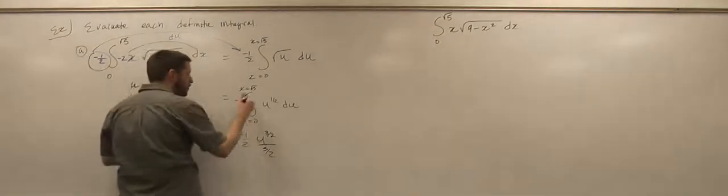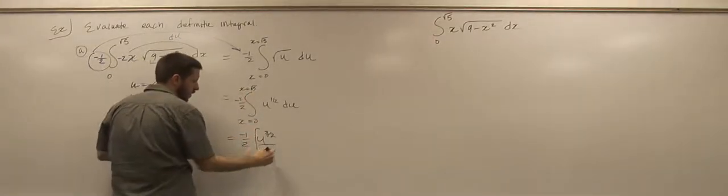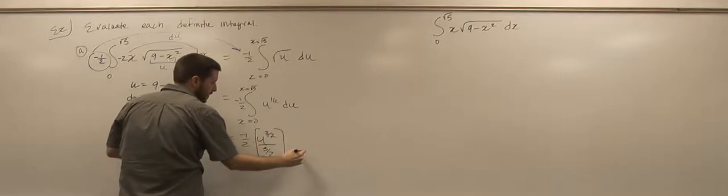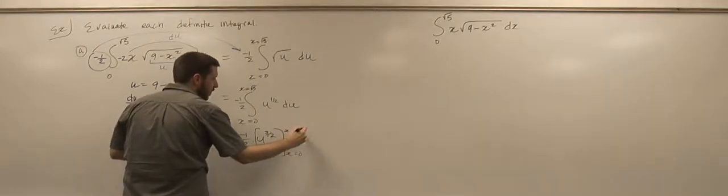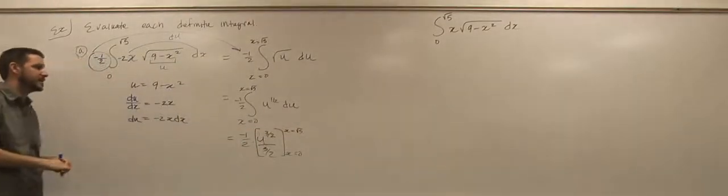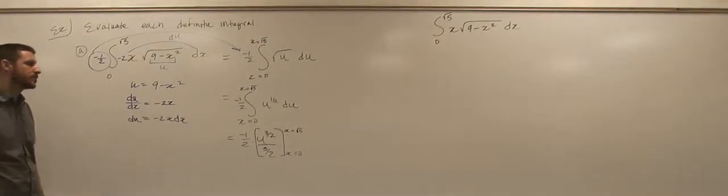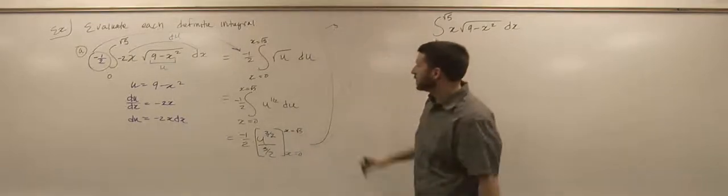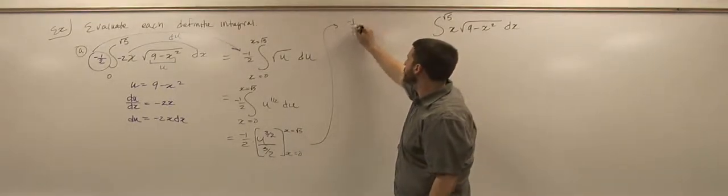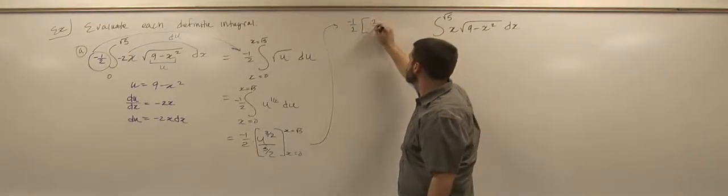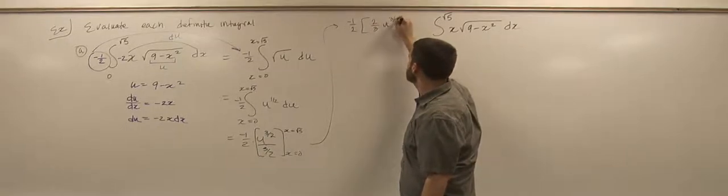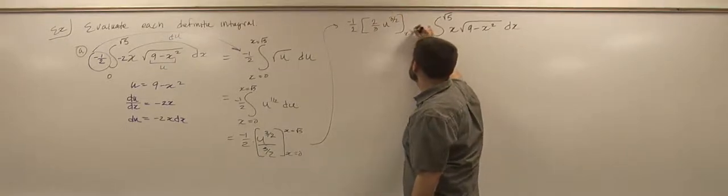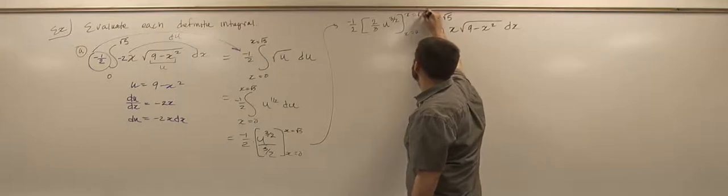Now, I need to evaluate this integral from x equals 0 to x equals root 5, but before I can do that, I have to get back to x's. So this will be negative 1/2 times 2/3 u to the 3/2 from x equals 0 to x equals root 5.